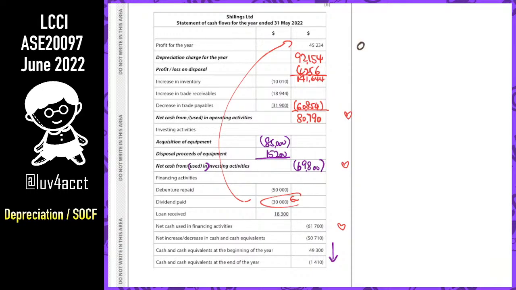For operating activities, we still need to mention it is a positive cash flow, which is good. The company is making money.